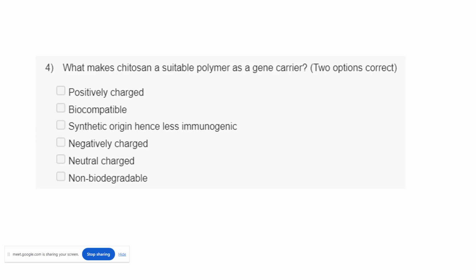Option 1 and 2. Okay. Negatively charged. Sorry. Can you repeat again?